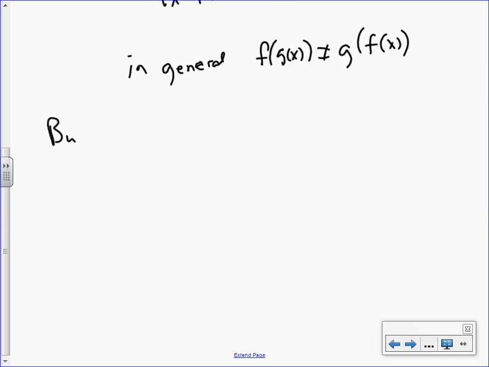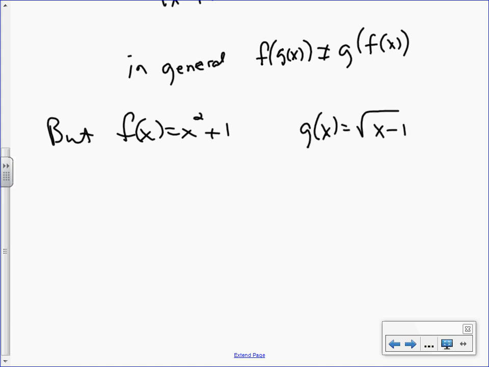But if you pick the right two functions, let's do f of g of x.